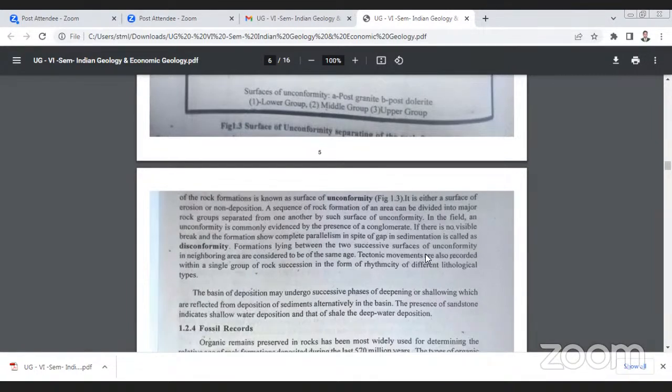If there is no visible break and the formations show complete parallelism in spite of a gap in sedimentation, it is called a disconformity. The first one is an unconformity. The gap was formed here and it is separating the two rocks.